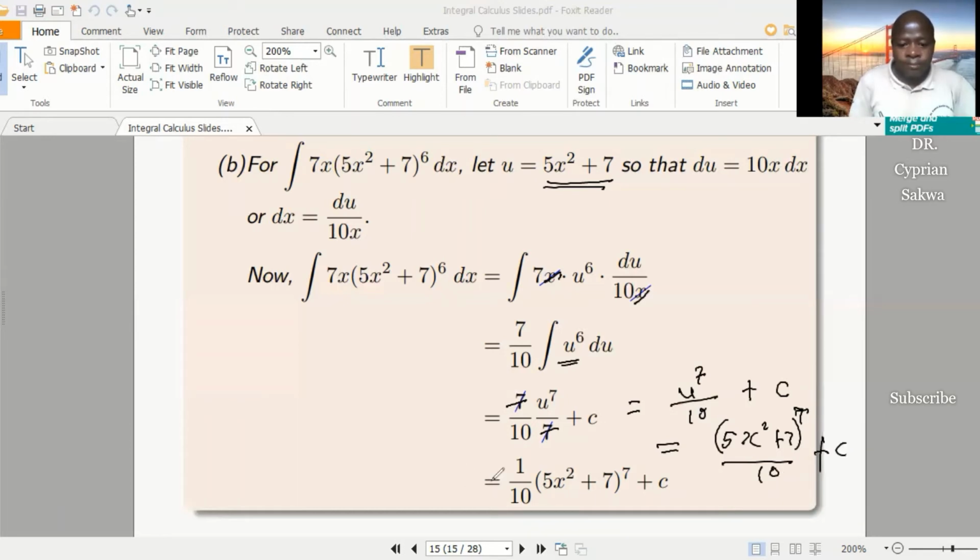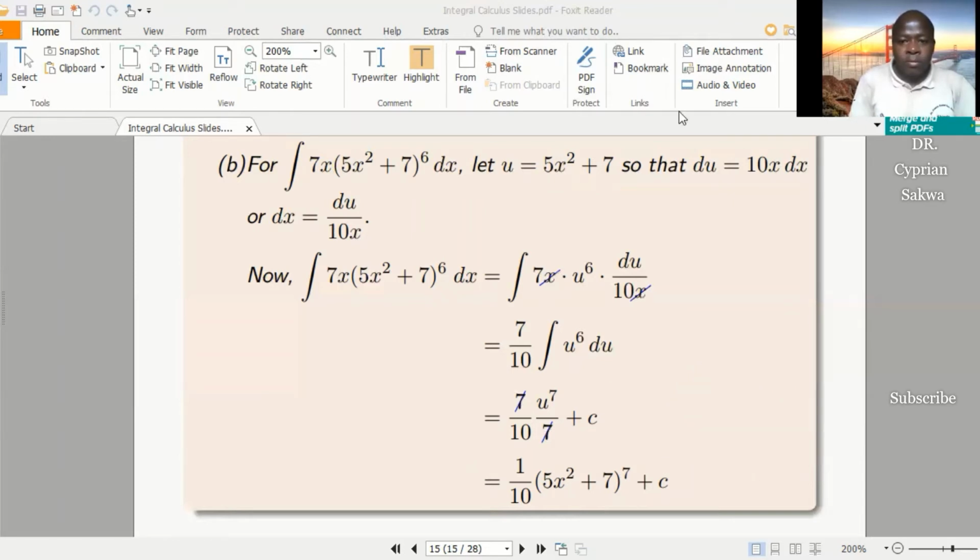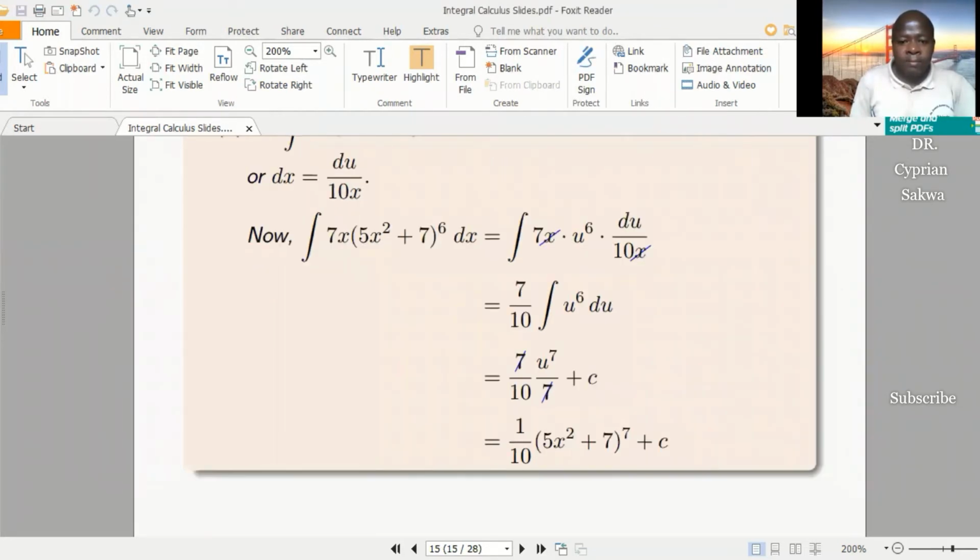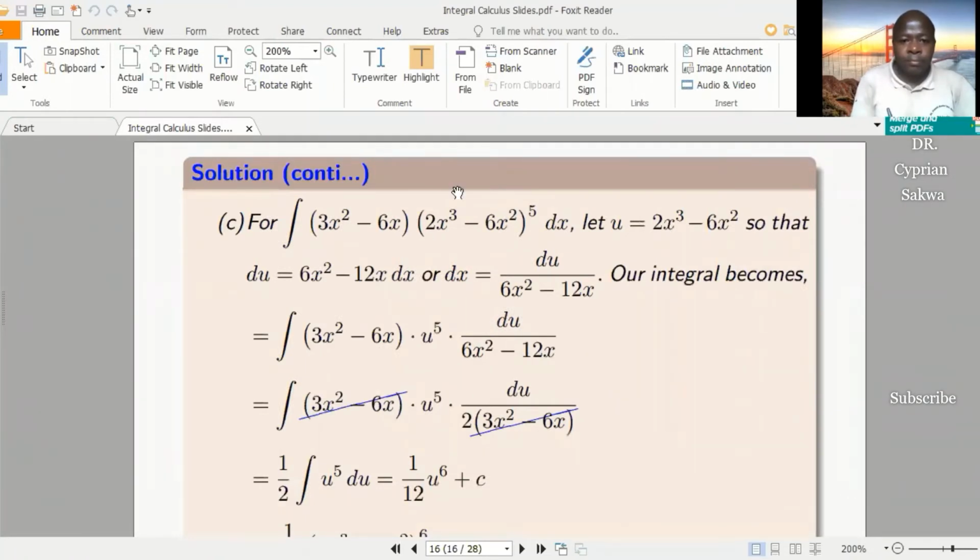That's what we get when you do that. So let me show you the next example. The next example, we are supposed to integrate this.